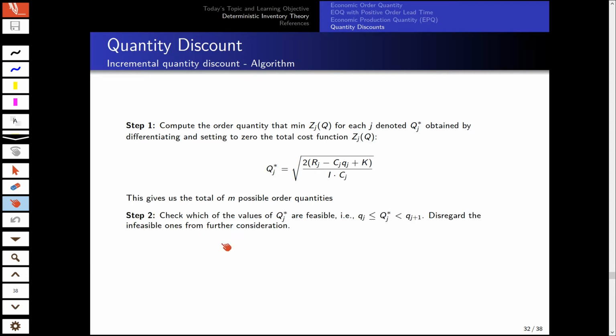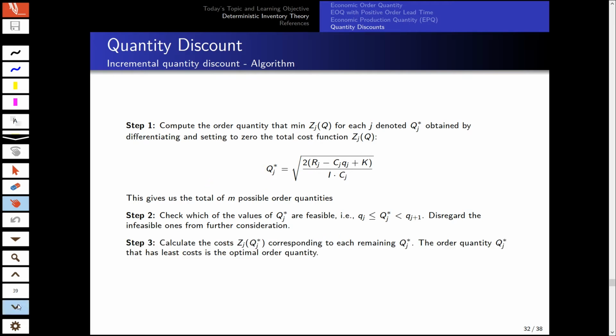The next step is that we check whether our derived optimal order quantities are within the feasibility range where we actually get the price for them. So we check for the range, and then we disregard those that are infeasible because the optimal order quantity would be out of this range.